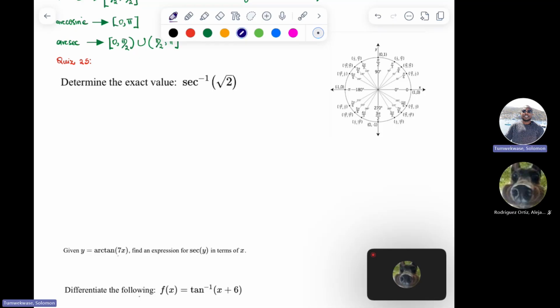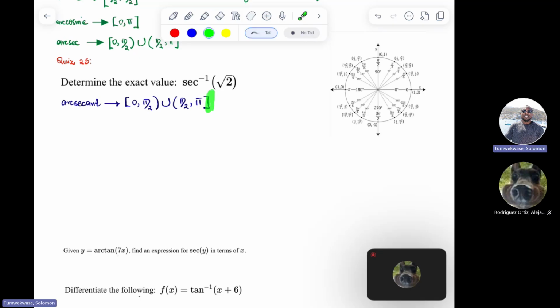I may not write all of them, but the inverse function arcsecant, its restriction is 0 to pi over 2, then union pi over 2, and then pi.